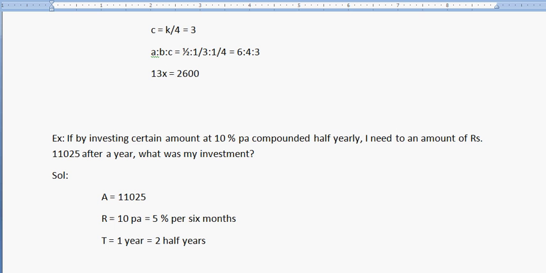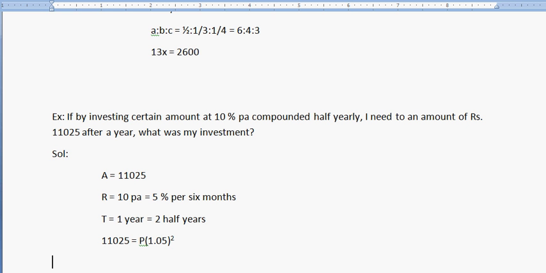So just plug in the formula, which is A is equal to P into 1 plus R. P here we have to find, so 11025 is equal to P into 1.05 raised to power 2, right?